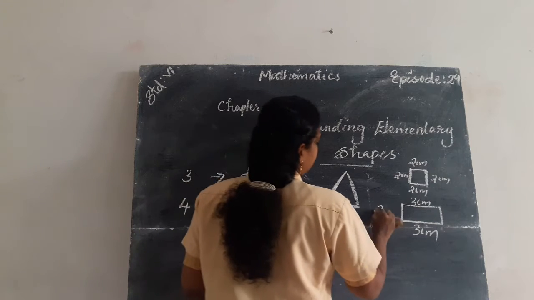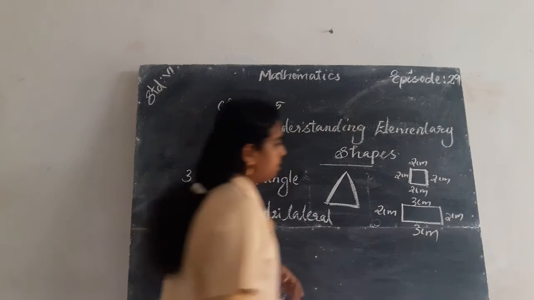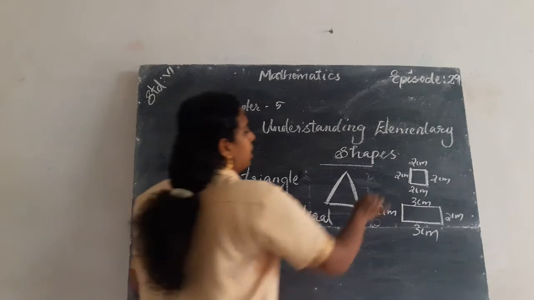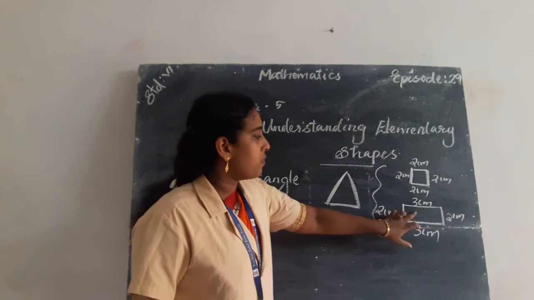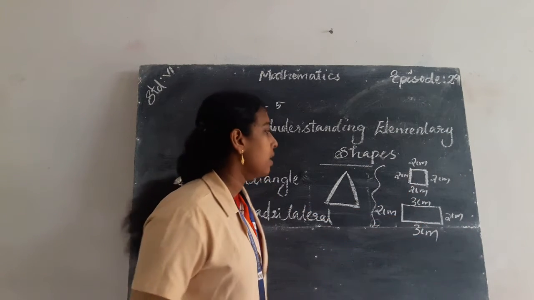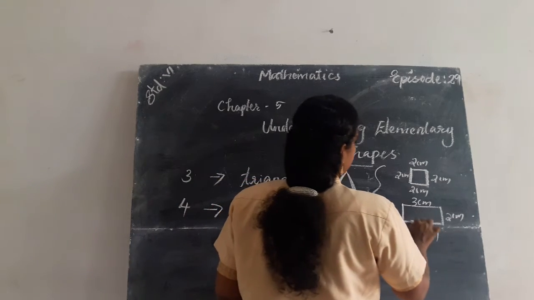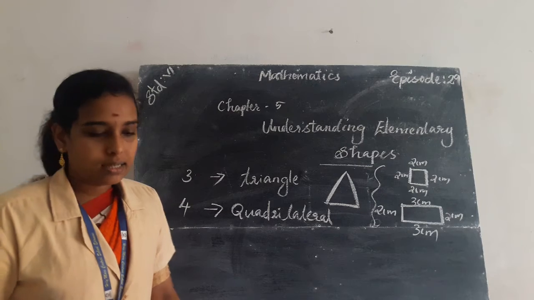When this side is 2 cm, then the opposite side is 2 cm. These are quadrilateral polygons because these figures are made entirely with line segments and they have 4 sides. So they are called quadrilaterals.